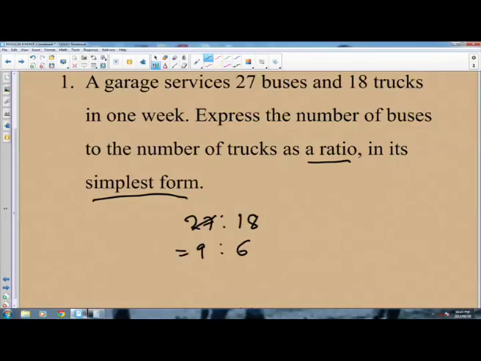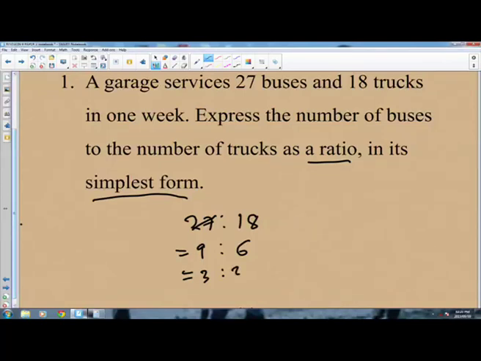You check, is this simplified? We can still divide by a further 3, because there is a factor which can go into 9 and 6, and the factor is 3. So 3 into 9 is 3, and 3 into 6 is 2. So the answer is 3 is to 2.